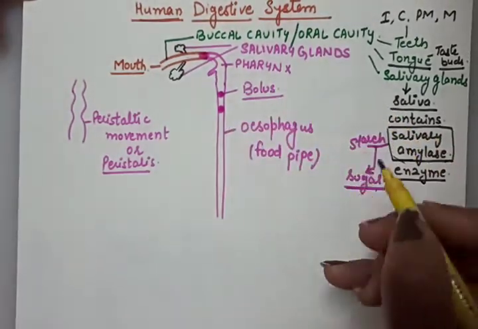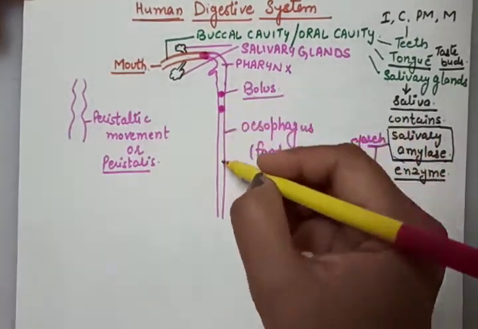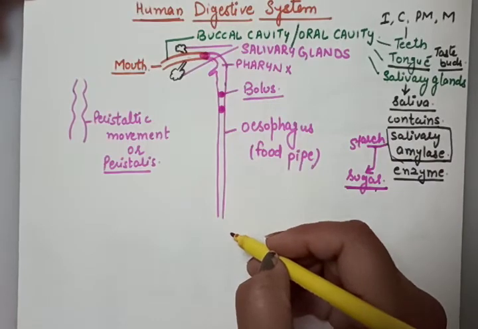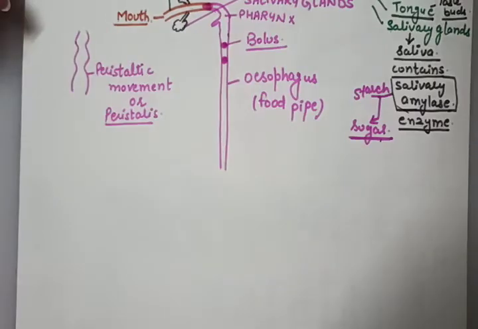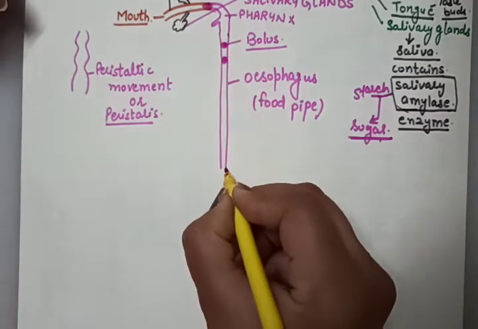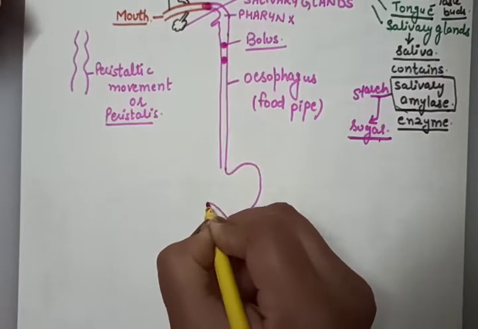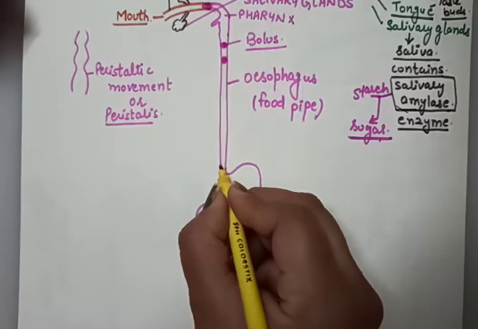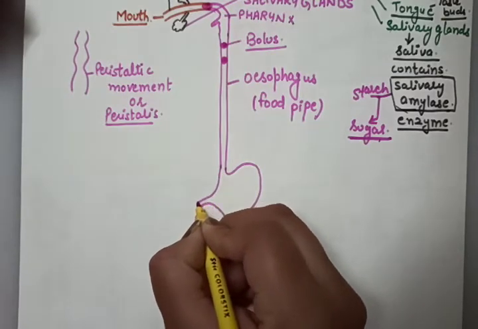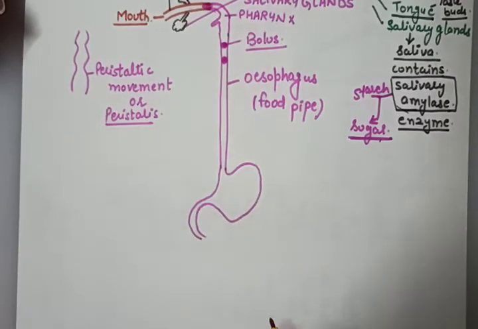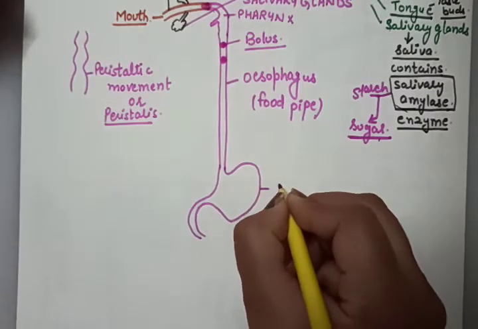B-O-L-U-S. That is called bolus. Now this semi-solid food comes into your stomach. Now your stomach is a wide C-shaped or J-shaped organ. Okay, this way. This is the stomach.